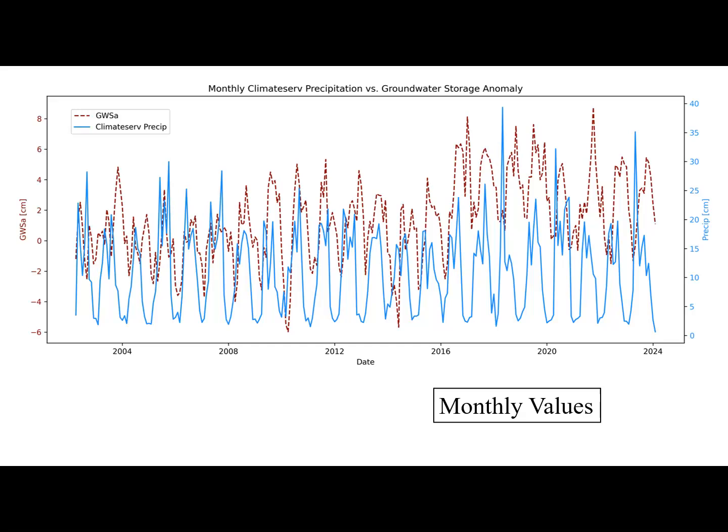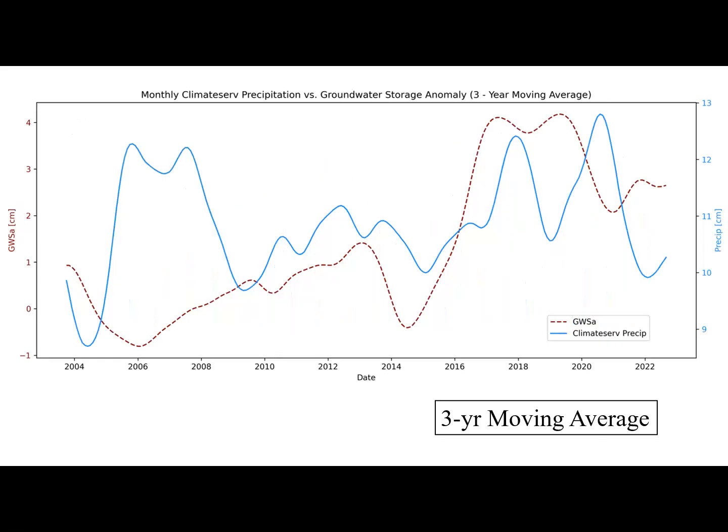And then we have some, in the utilities portion of the documentation website, there's a notebook where you can read in the GRACE groundwater storage anomaly data set, which is shown here in red, and overlay that with the ClimateServe precipitation data to look at how they're correlated seasonally or more long-term. And this is plotting the actual monthly values, and this plot is kind of busy, so that notebook includes an option to compute multi-year moving averages.